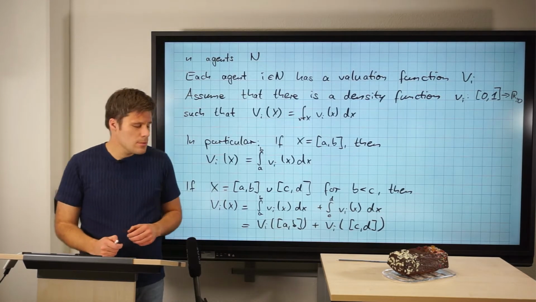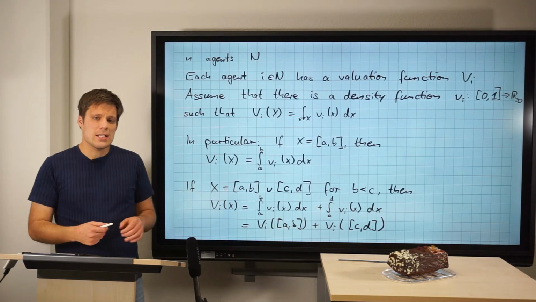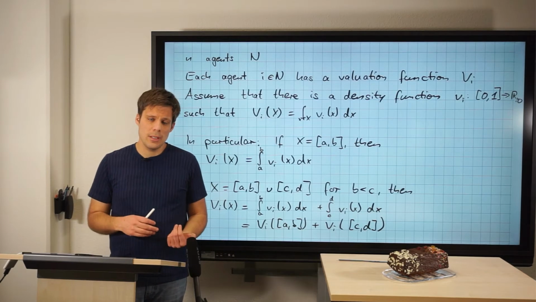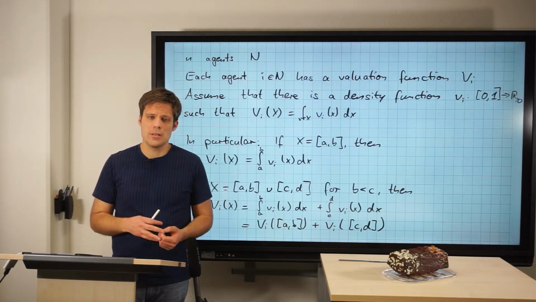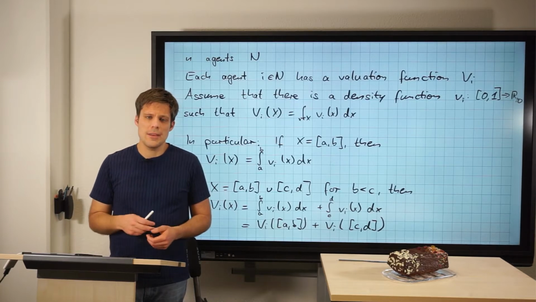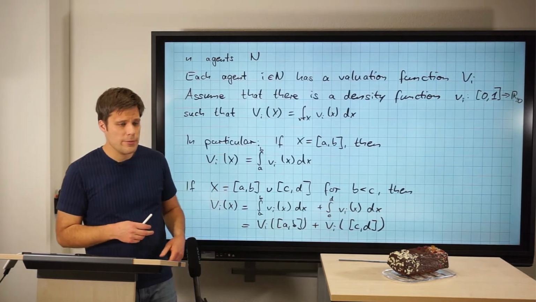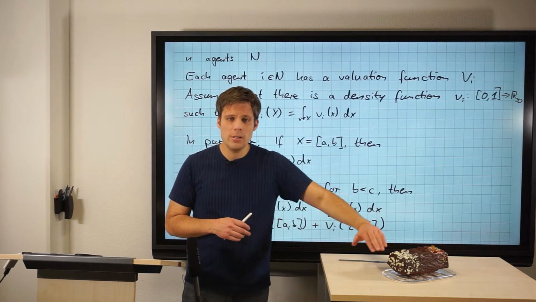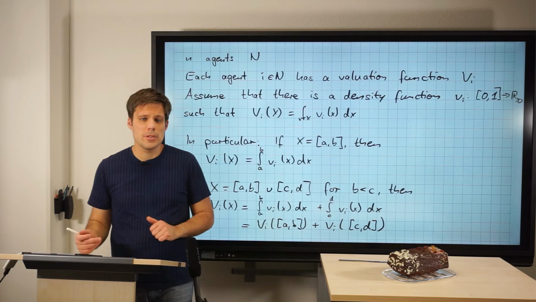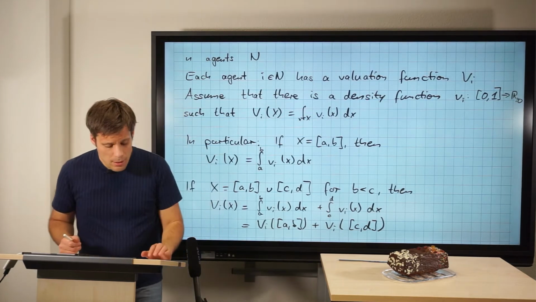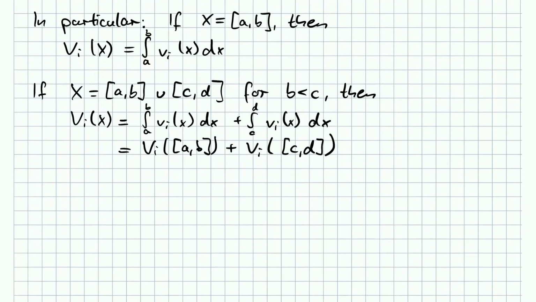We'll also assume that everybody values the entire cake the same way, but what matters is which part of the cake they prefer most. Do they rather prefer the white chocolate part or the sprinkles part?